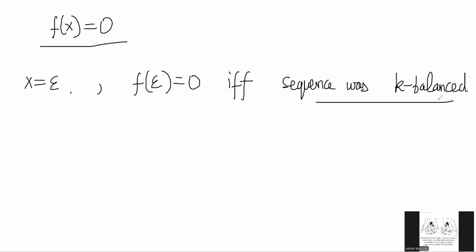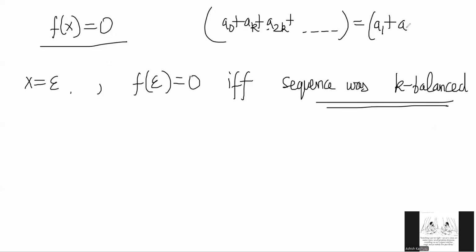Because only when it was k balanced, we were able to take the common factor, right? Otherwise, you would not have been able to take it common, right? Yes. Do you understand what I'm saying? Only because of the common factor, we were able to get this, right?